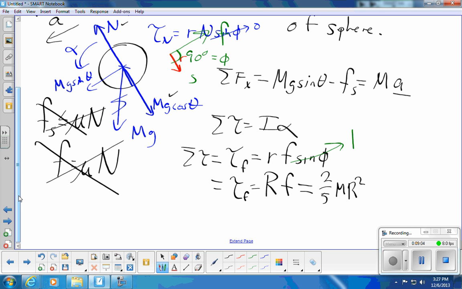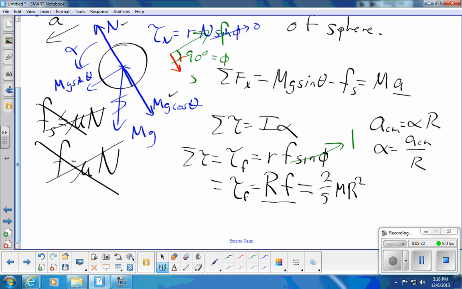Can I do anything with alpha? Yes. With the equations that we generated in the earlier lesson today, I know that the acceleration of the center of mass is equal to alpha times R for an object which is rolling without slipping, which means that for alpha, I can sub in a_CM over R. I think I'll do that.